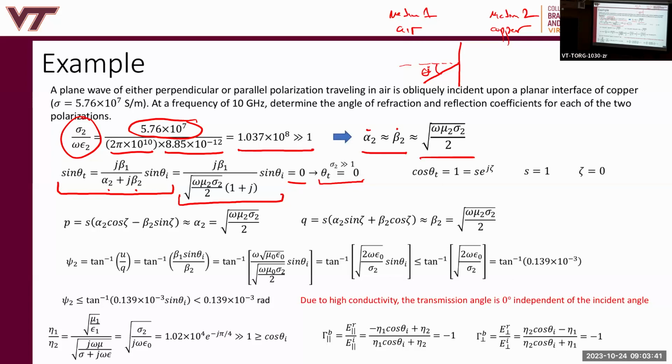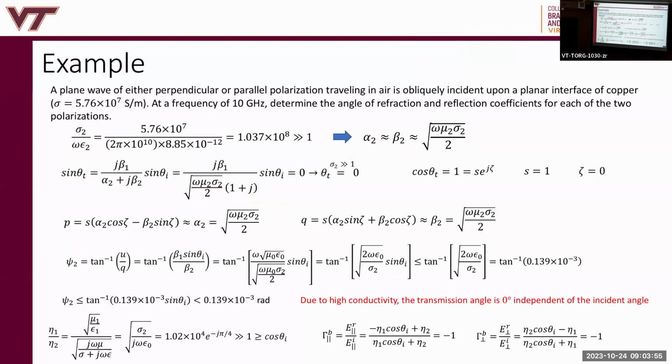So we know that the transmission angle is 0, right? Oh, no. Okay, sorry. This is what's going on. This is equal to 0 because sigma 2 is very, very large and it's in the denominator.